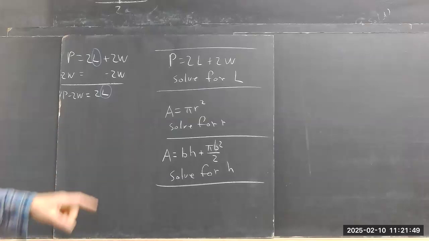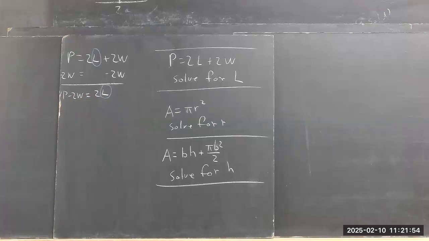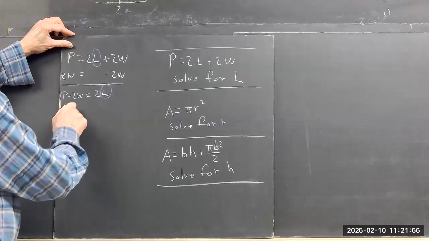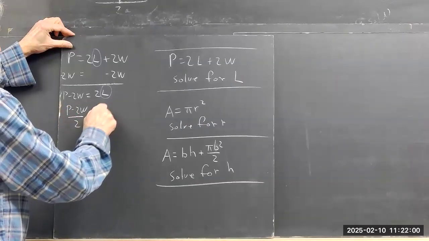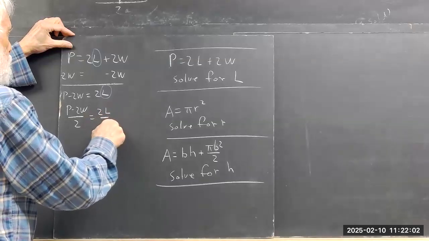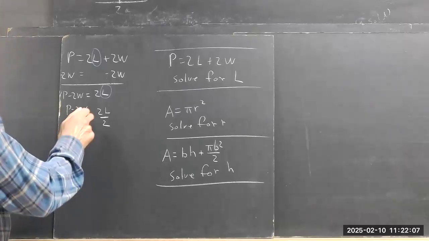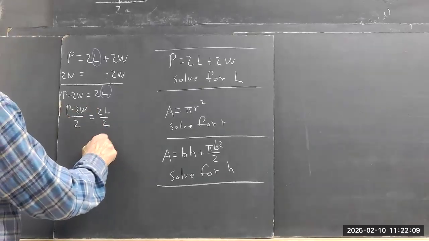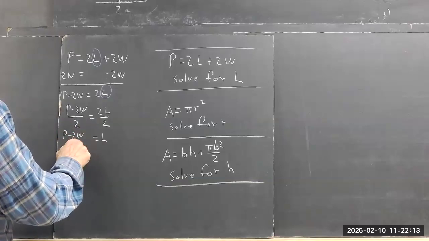So we need to divide both sides by 2. Get rid of that 2. So we do P minus 2W over 2 equals 2L over 2. And then the 2 here divides the 2, and we get L, and we get P minus 2W over 2.